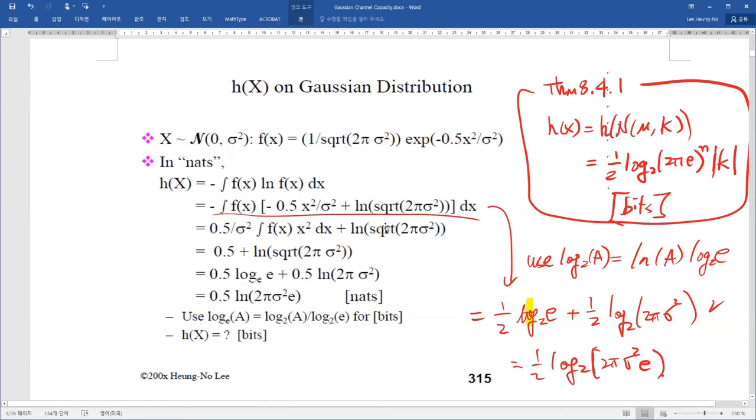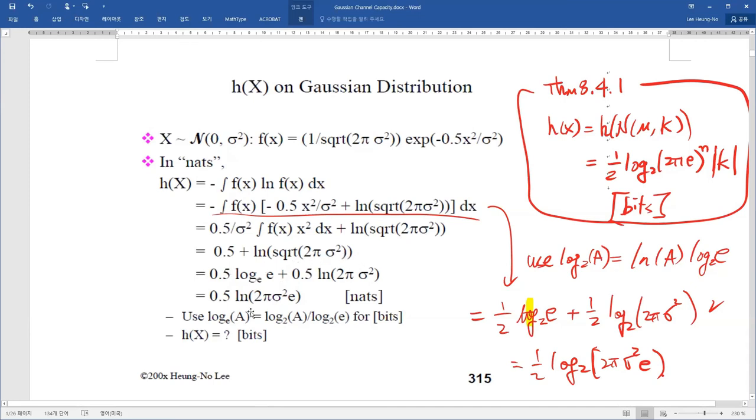Okay, so that's what we have done. On the first part, we are doing the integration, and when we do that, minus and minus gives a plus, and we can bring out the constant term, which is 0.5 over sigma squared. By definition, this integration right here is sigma squared, so all we have left is 0.5, and then log of the square root of 2 pi sigma squared.